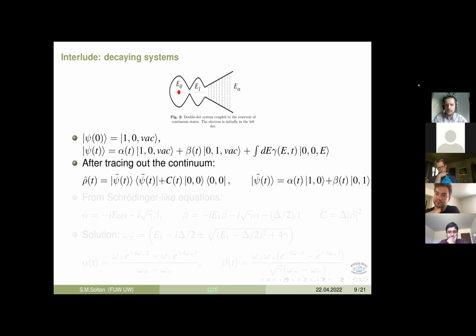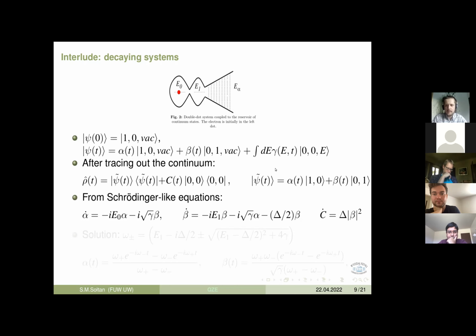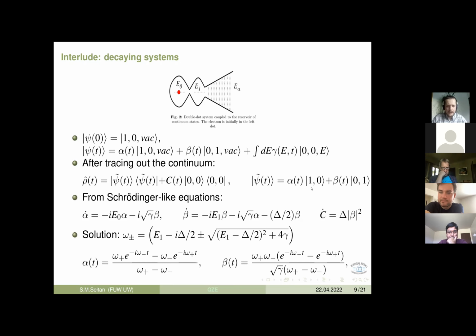Now I think everything is visible. The equations of motion for this unnormalized state are very simple and could be easily solved. So this is a very nice model, as I mentioned.